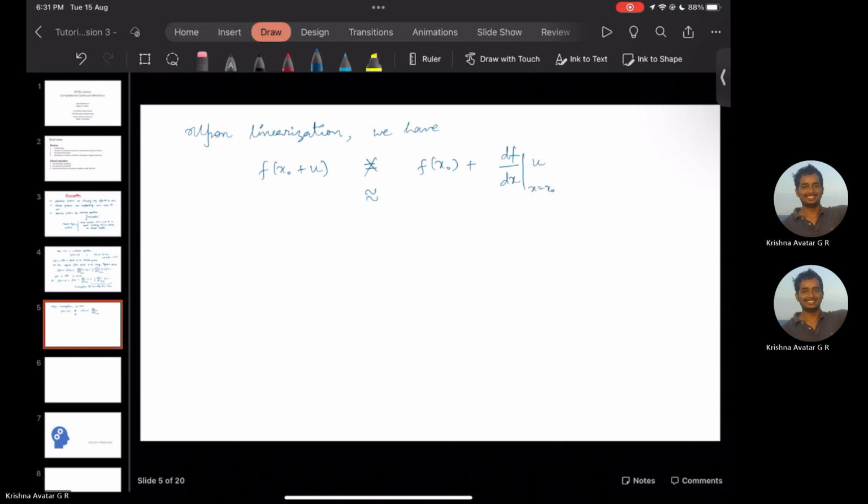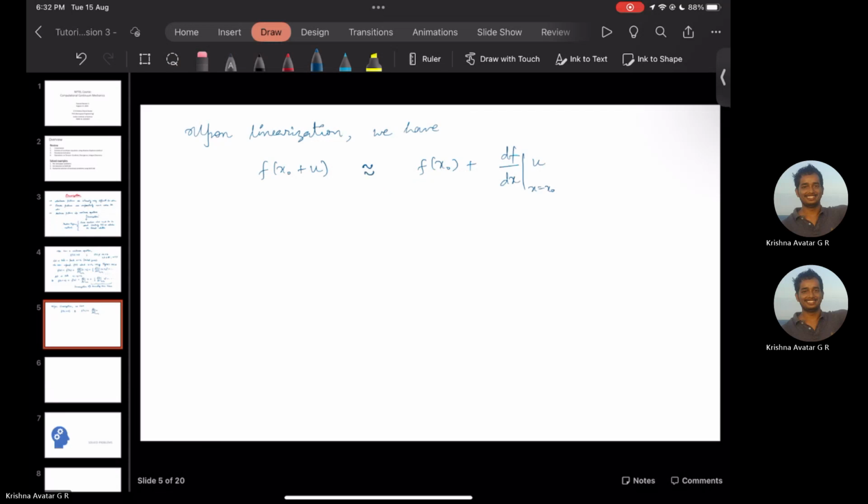The left hand side is just approximately equal to the right hand side, because the right hand side is not the exact Taylor series representation, or Taylor series expansion. So we will just remove this and have an approximately equal to.